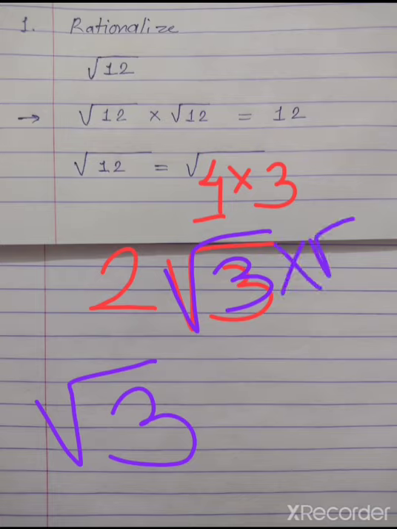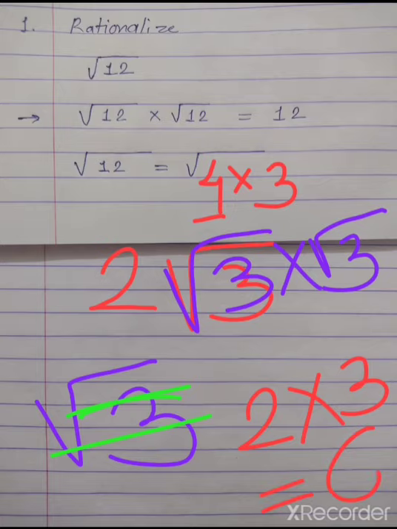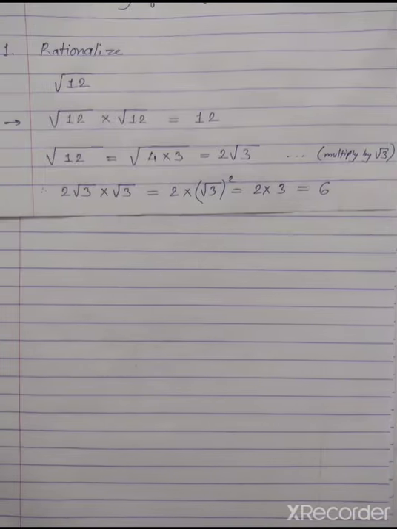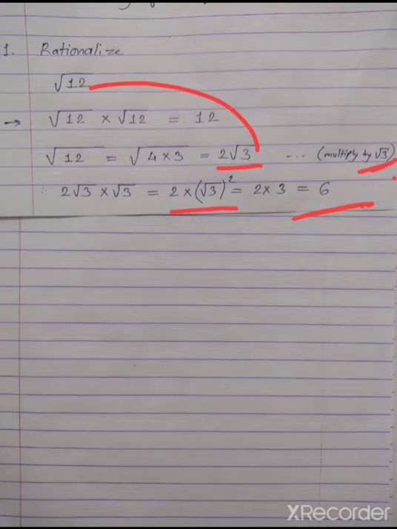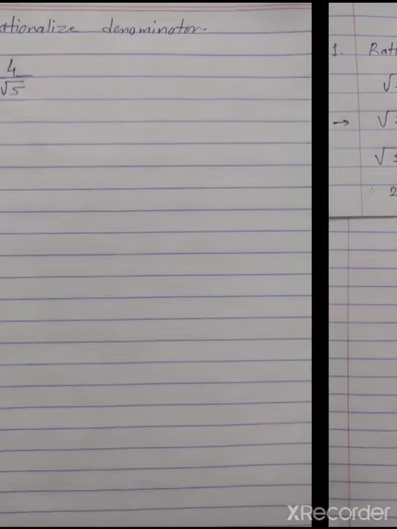When you multiply it by root 3, the answer becomes 2 into root 3 square, which is equal to 3, and we will get 6. So 6 is a rational number. So here I just simplified, and root 3 is the simplest irrational number from this given set. So I select root 3 as a rationalizing factor to rationalize it, and finally we get 6 as a rational number.